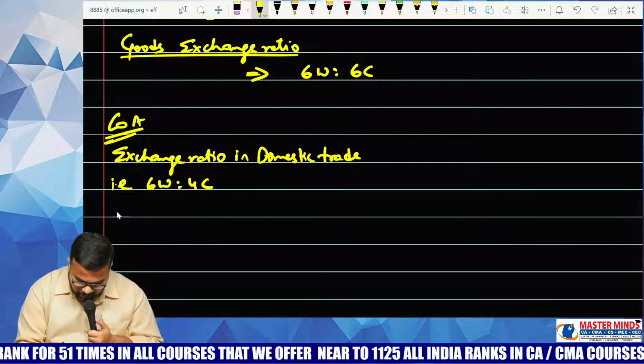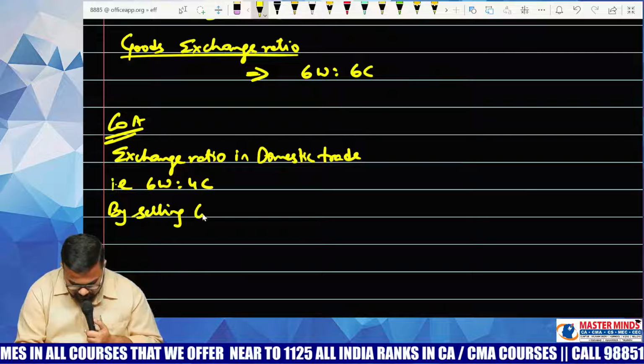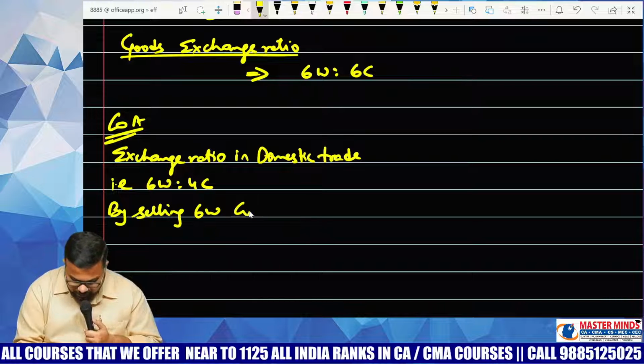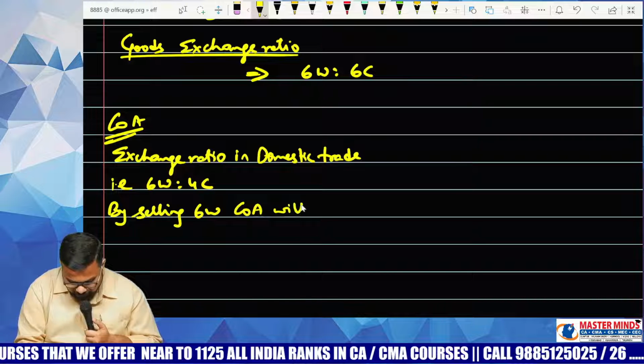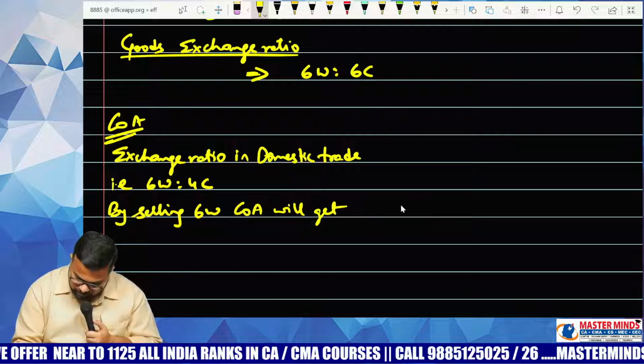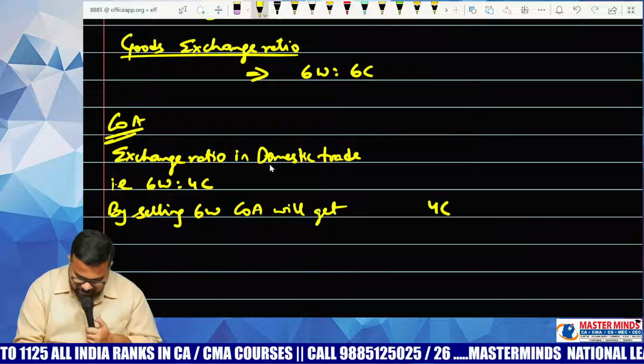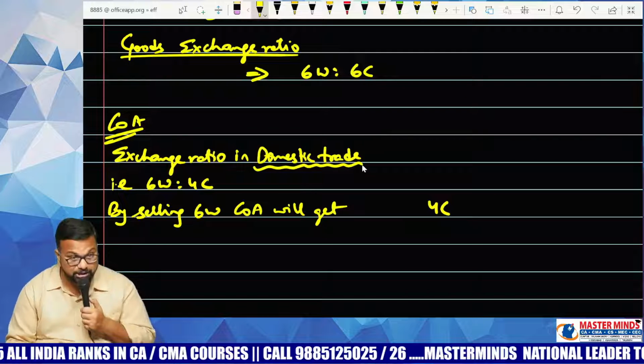That is, by selling 6W, country A will get 4C. This is in domestic trade.